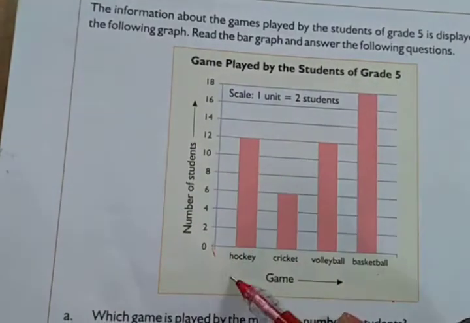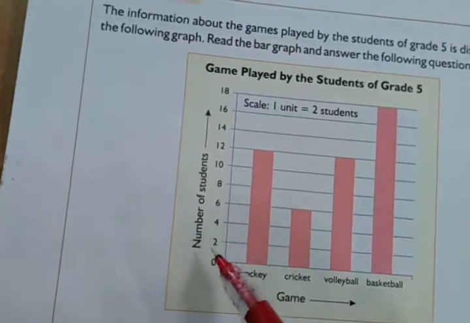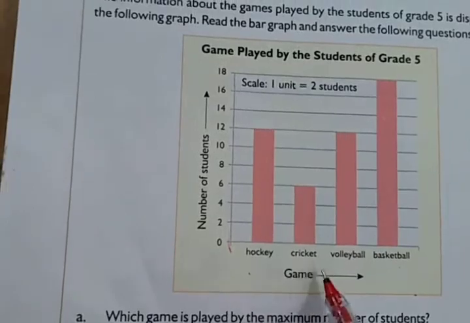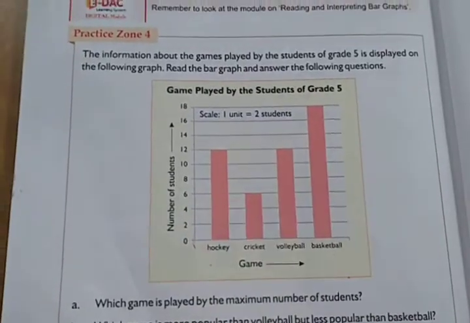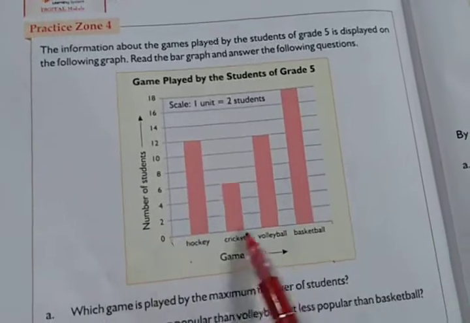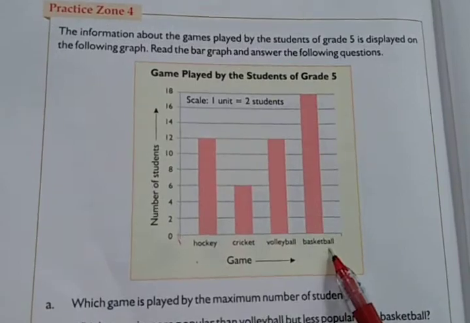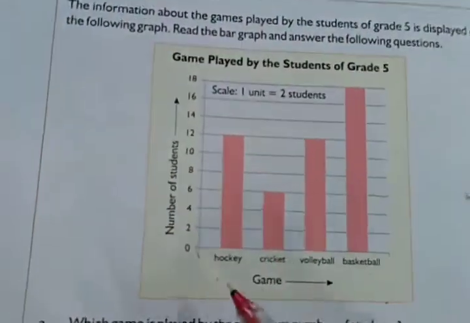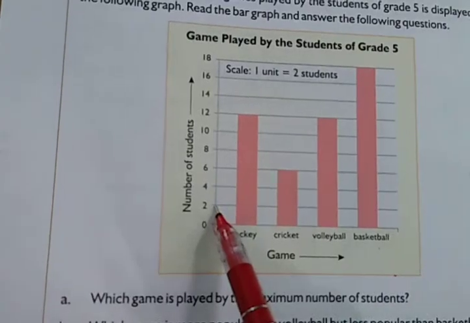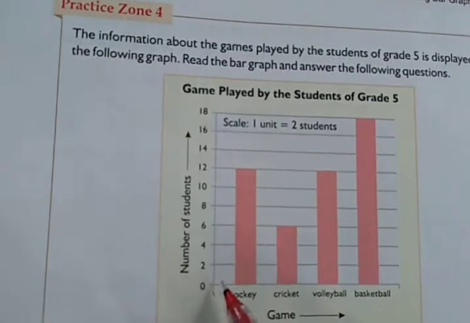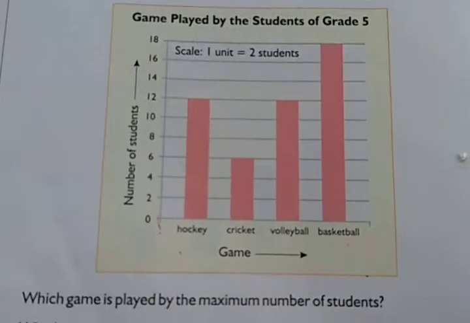On the vertical axis is the number of students. Here the scale is 0 to 2, then 4, 6, 8, 10, 12, 14, 16, 18. So 1 unit is equal to how many students? 2 students.